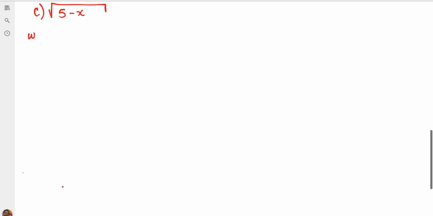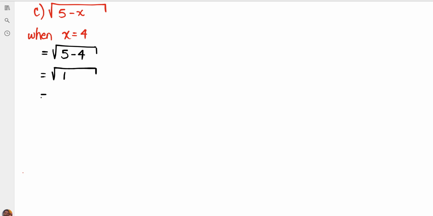Good. Okay, so when x is equal to 4, if I sub in, I say equal to the square root of 5 take away 4, and that's equal to a square root. I have to do first what is inside. So 5 take away 4 is 1, and the square root of 1 is 1.